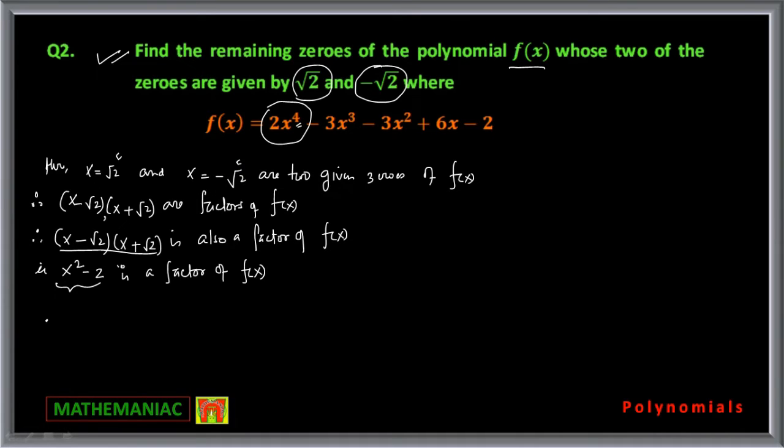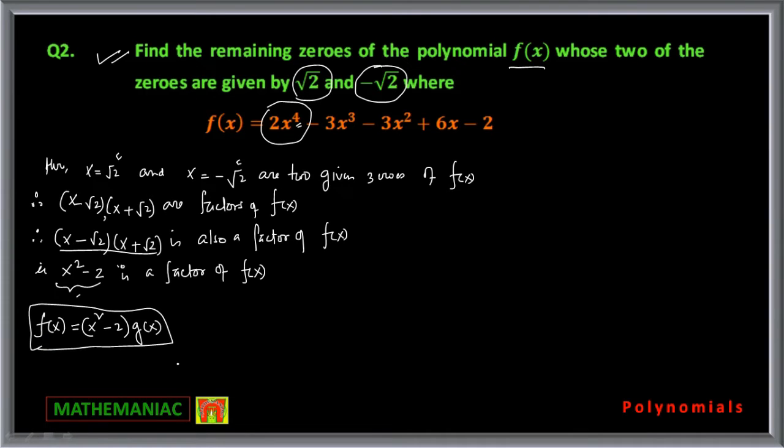So now we can express f(x) equals (x squared minus 2) into some quotient, and the remainder will not come because it's a factor. Factor means remainder will not be there. That means zero remainder will be left if I divide the polynomial by x squared minus 2. So by the division algorithm I'll get it like this, right?